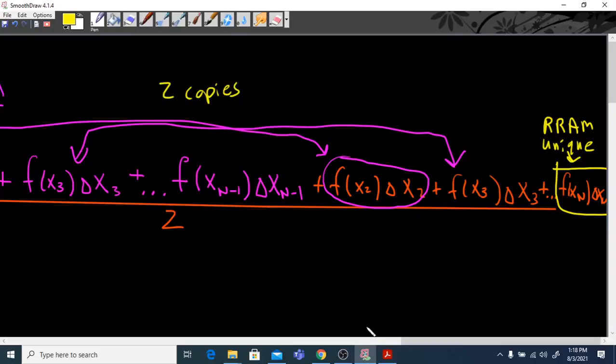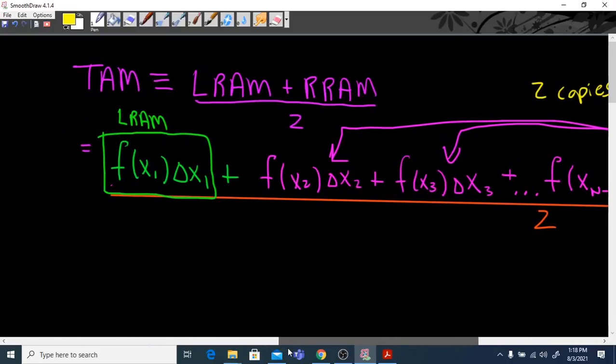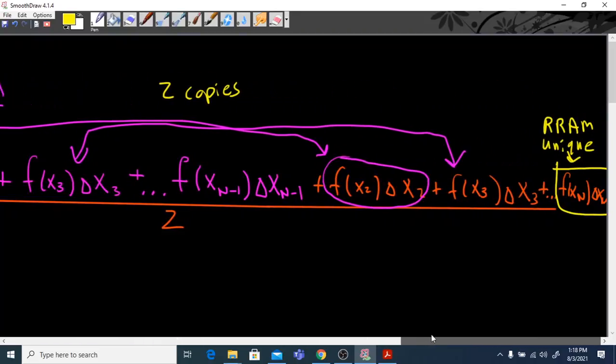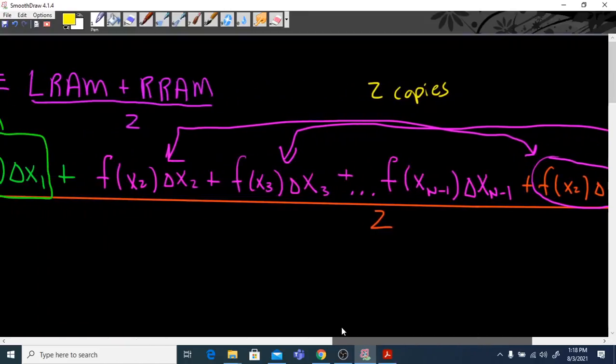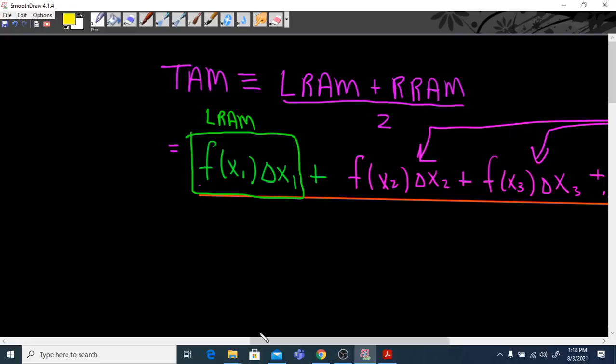So we got one left rectangle unique term, one right rectangle unique term, and then we have 2 copies of everything else in the middle. And so using this, we can write down our trapezoid approximation method formula.